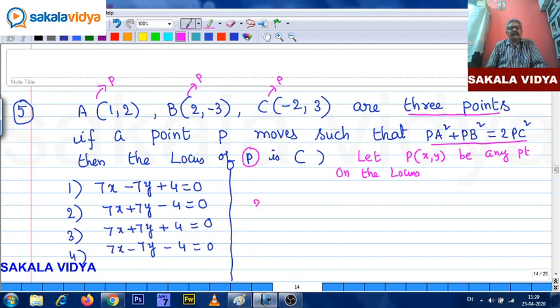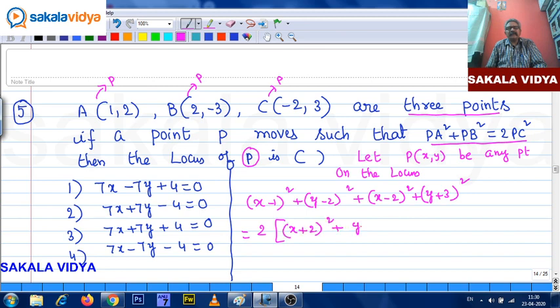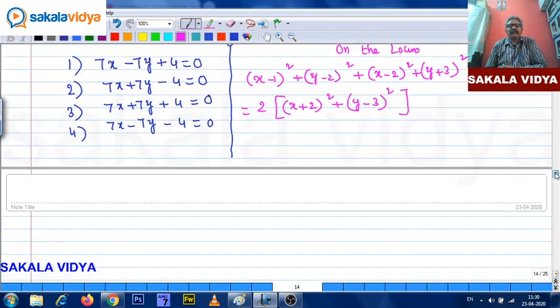You get like this: x minus 1 whole square plus y minus 2 whole square plus x minus 2 whole square plus y plus 3 whole square, that is PB square, equal to 2 times PC square, x plus 2 whole square plus y minus 3 whole square. Absolutely, problem solving skills are actually behind the simplification itself only. So, we need to simplify this one now.